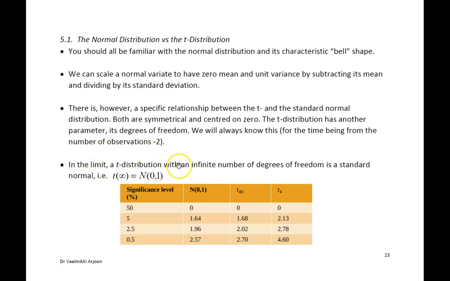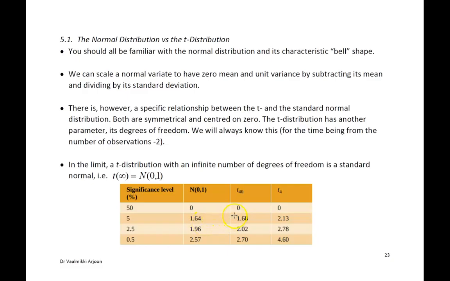In the limit, a t distribution with infinite degrees of freedom is a standard normal. So when you have an infinite number of degrees of freedom, meaning the larger the sample gets, the t distribution can be approximated by a normal distribution. At the 5% significance level for the normal distribution, the critical value is 1.64.